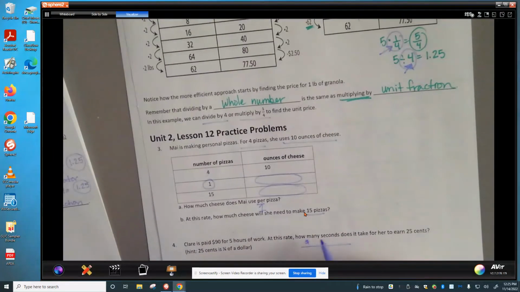I'm going to have money, and I have hours. And then I have $90, and I have 5 hours. And I need to get all the way to 25 cents. I think I might go to 1, and then from there, I'm going to go to 25 cents. So I want you to work on those two parts.